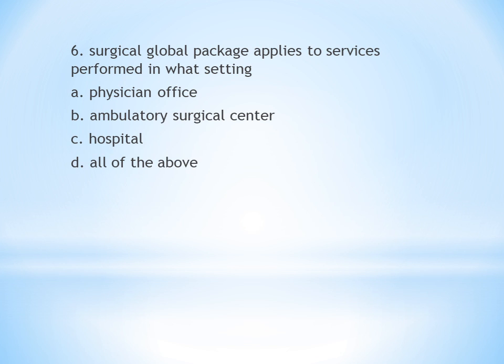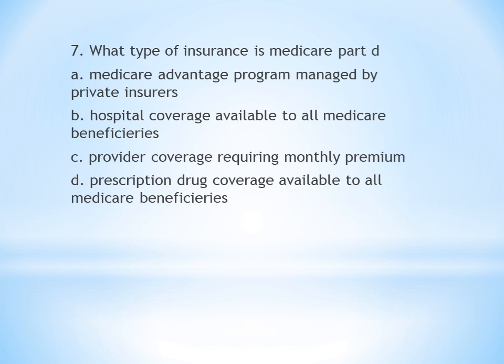C. Hospital. D. All of the above. The answer is all of the above. Whether it is in a physician office, a hospital, or an ambulatory surgical center, the surgical global package is applied. Next question, what type of insurance is Medicare Part D?